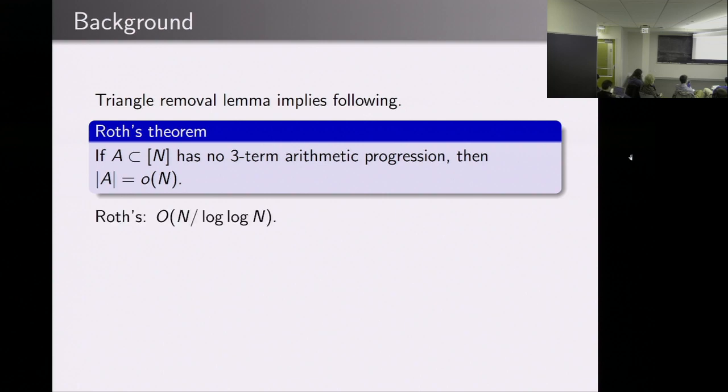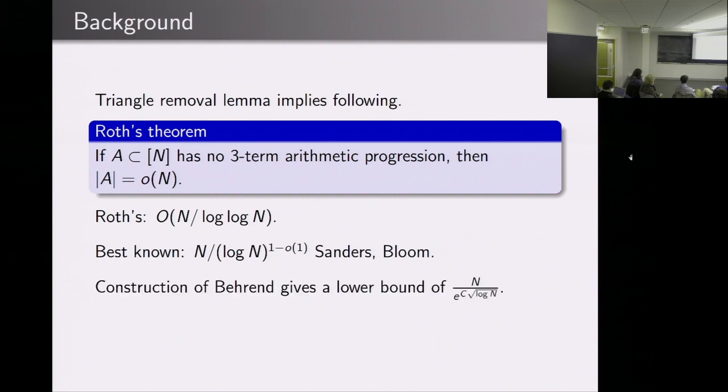Now Roth's proof gave a bound of the form n over log n, and the best known bounds are all of the form n divided by log n times smaller order terms, due to Sanders and Bloom.